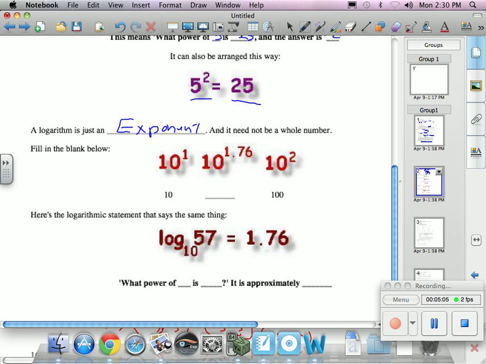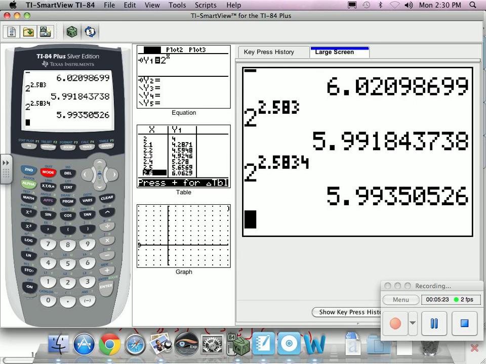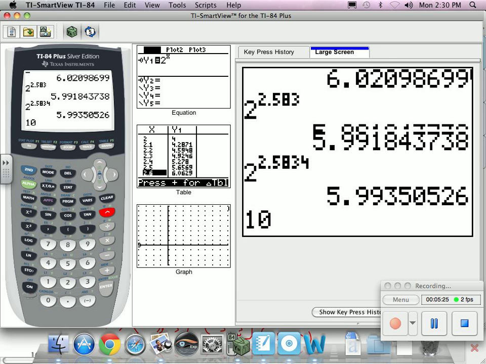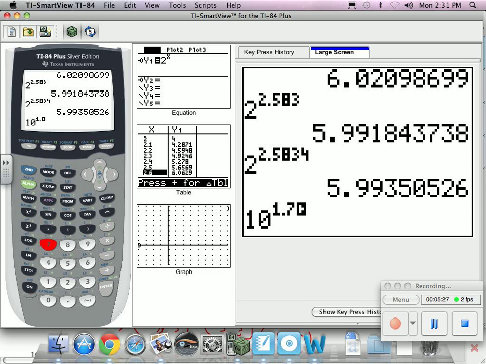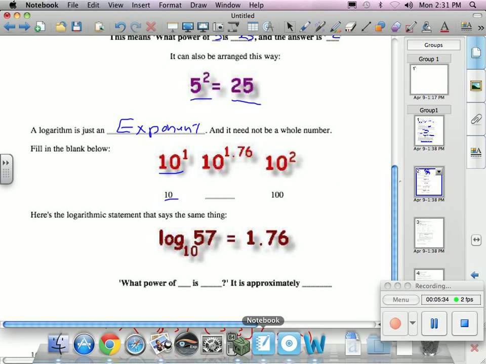Fill in the blank below. Okay, so let's check it out. 10 to the first power is 10. We put 10 to the 1.76 in our calculators, and 10 to the 1.76 equals 57.